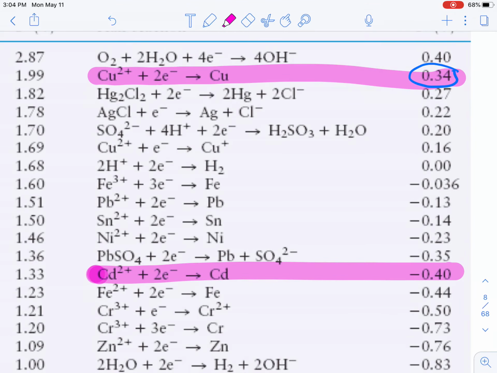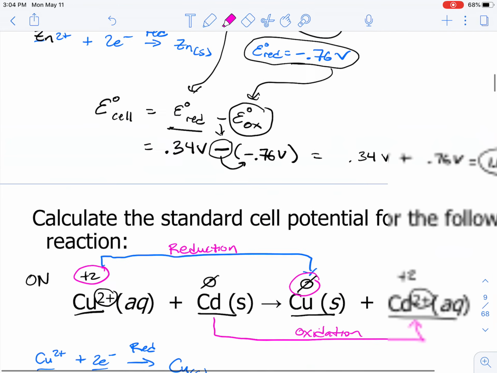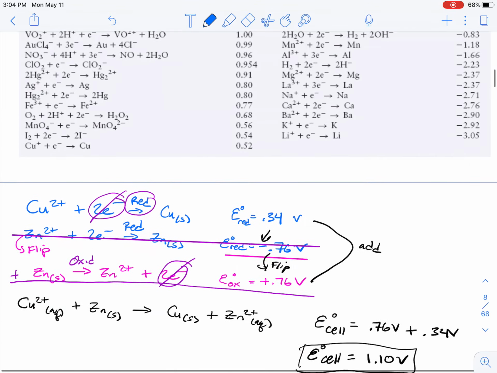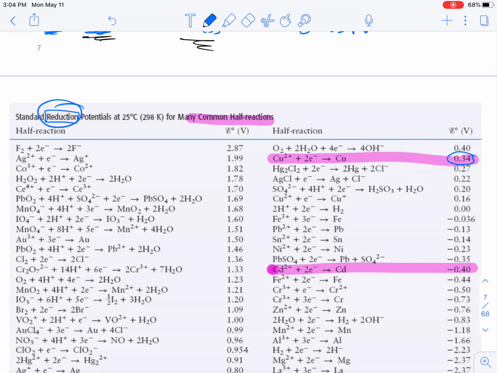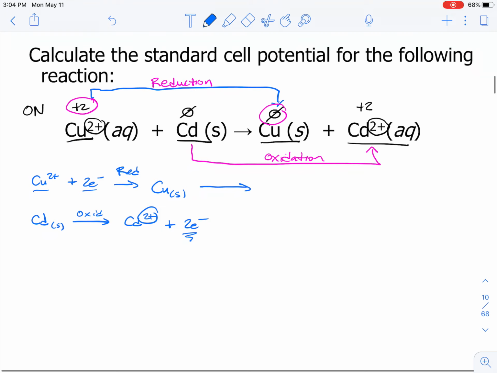So I'm going to go ahead and just summarize both of these. Since copper is undergoing reduction, it parallels the chemical equation that's seen in the standard reduction potential. So I'm just going to say 0.34 volts. So E red is going to be 0.34 volts.